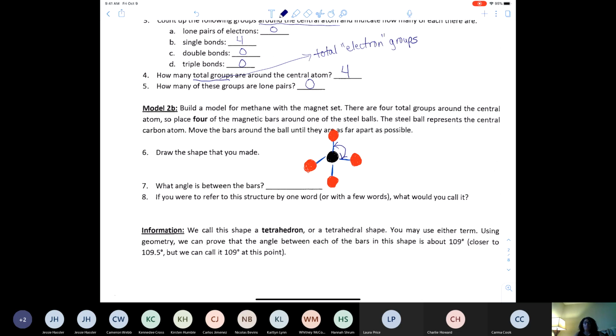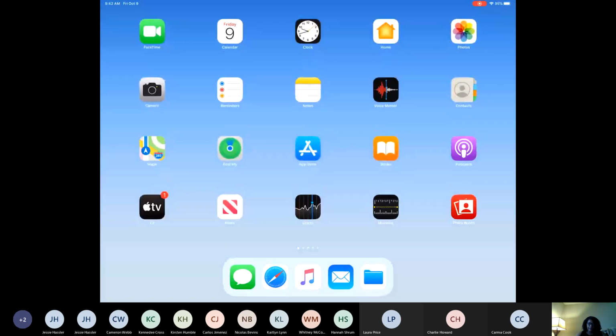Yes, this lab report form is available in eLearn. I'm not sure why you're not seeing it. Cameron, let me stop sharing here briefly.